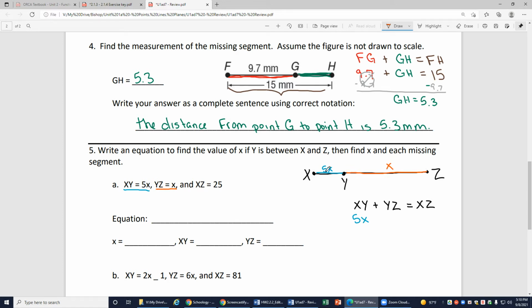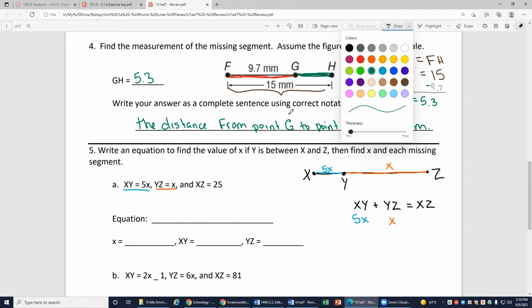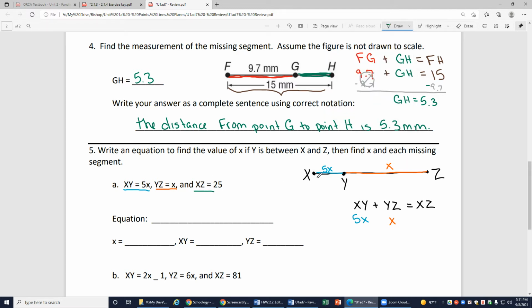So I can already tell if this is 5 times x and that's just x, then probably I didn't draw my picture to scale, because this side should be much bigger than this side. It should be 5 times bigger than this side, but that's okay that my picture is not to scale. And then, last but not least, x all the way to z is 25.